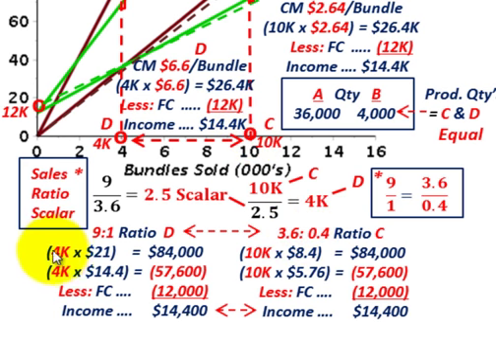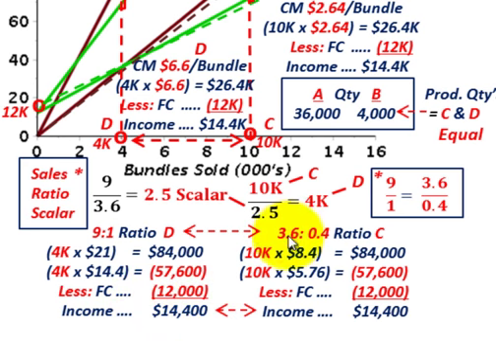So going through that, 4,000 bundles at our 9 to 1 ratio times $21 in revenue per bundle gives us 84,000. And then 4,000 times the costing, $14.40 per bundle, is 57,600. Subtract that cost from our revenues, less our fixed cost of 12,000, gives us income of 14,400.